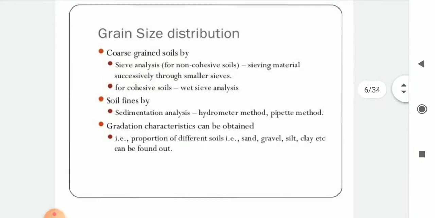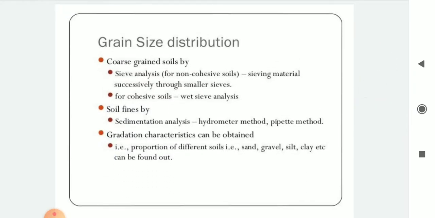Grain size distribution. Coarse grained soils are tested by sieve analysis. For non-cohesive soils, the material is sieved successively through smaller sieves, and for cohesive soils, wet sieve analysis is done. Soil fines are tested by sedimentation analysis, the hydrometer method, and the pipette method.